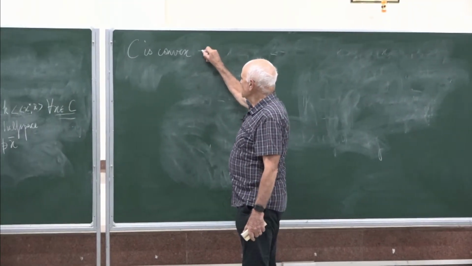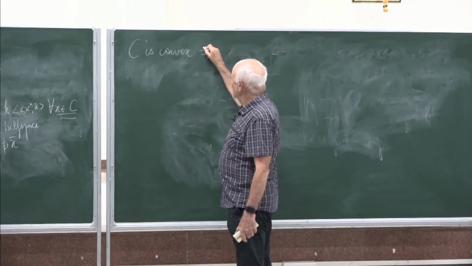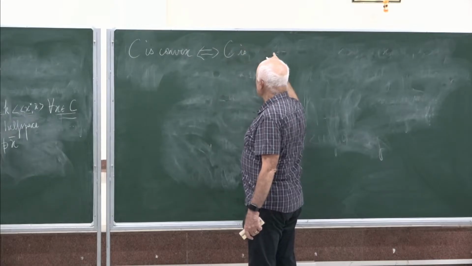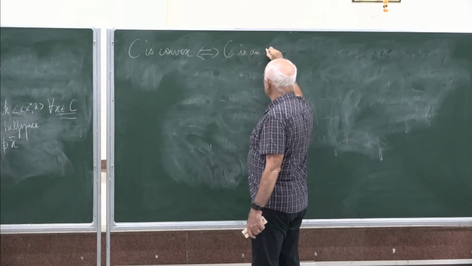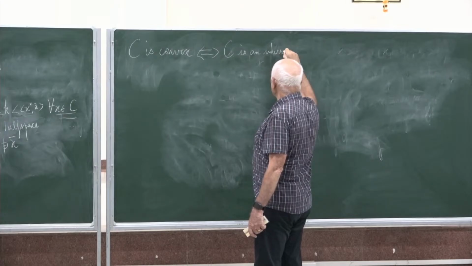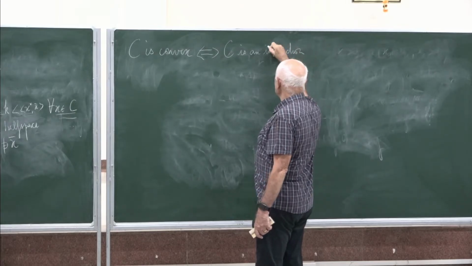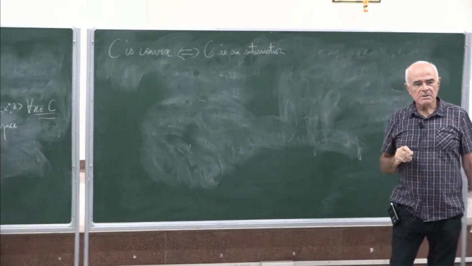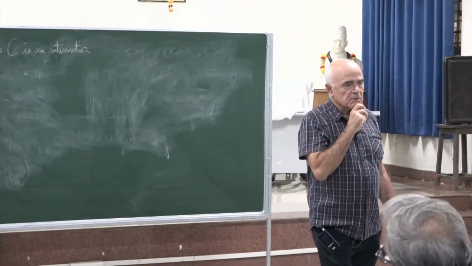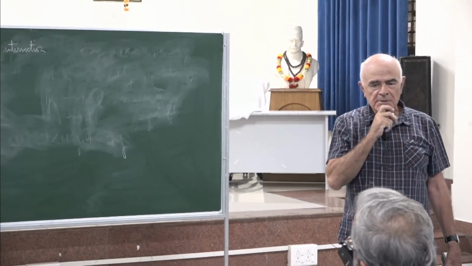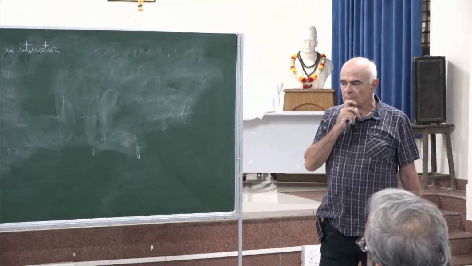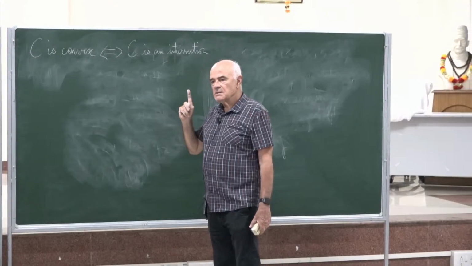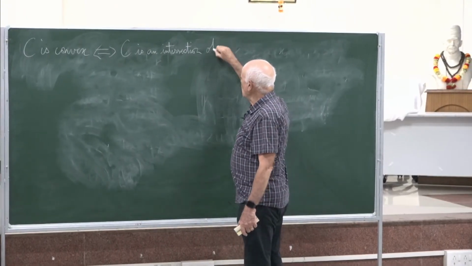C is convex if and only if C is an intersection of, there are many ways of expressing this statement, one is an intersection of so-called hemispaces.